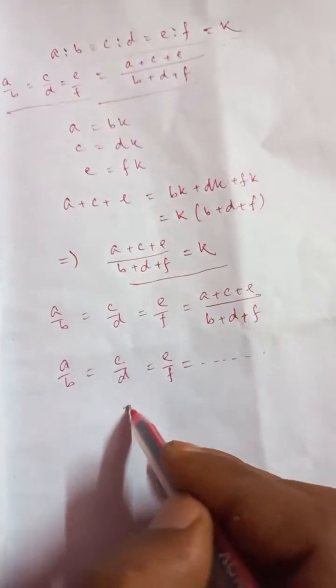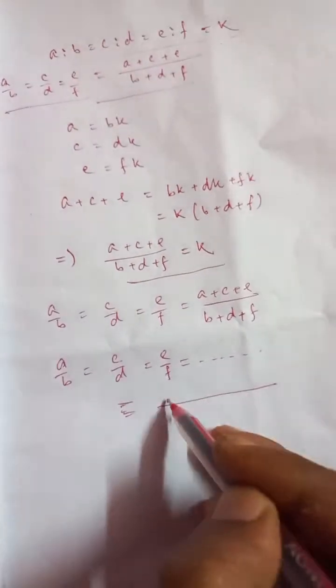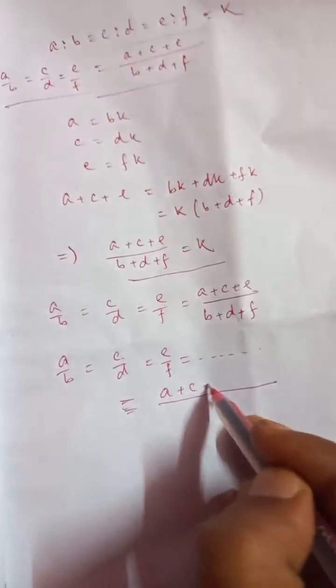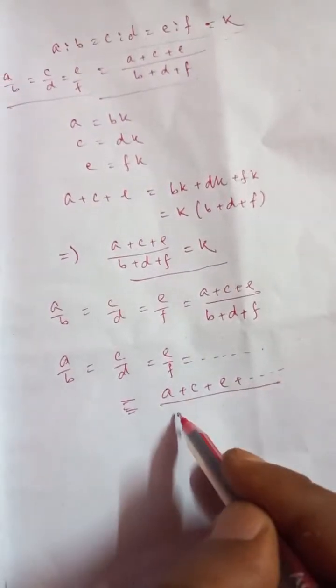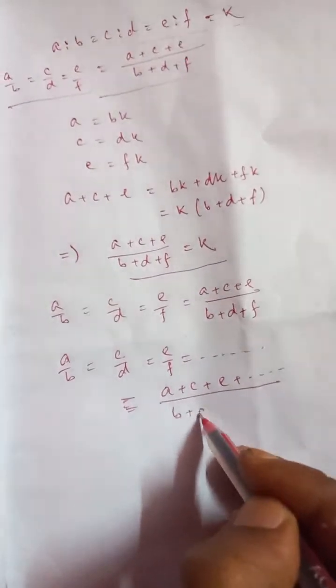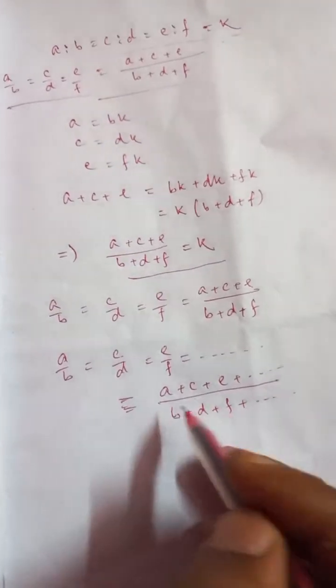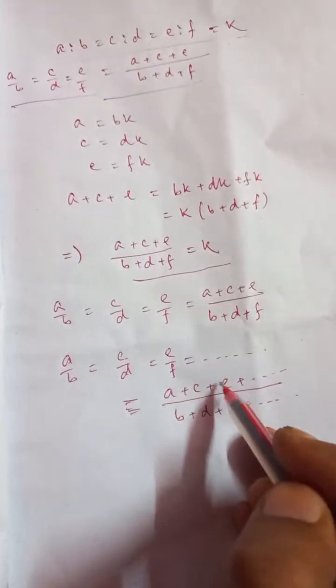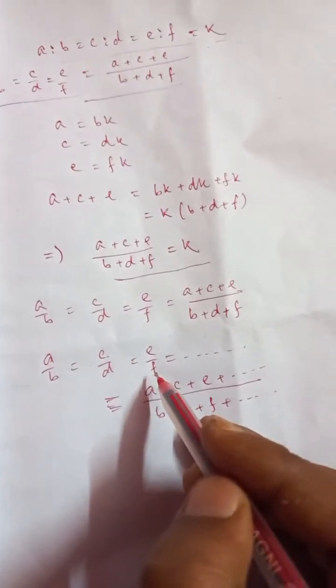Then this is true for A plus C plus E plus and so on over B plus D plus F plus and so on. It means that it is true for an infinite number of ratios.